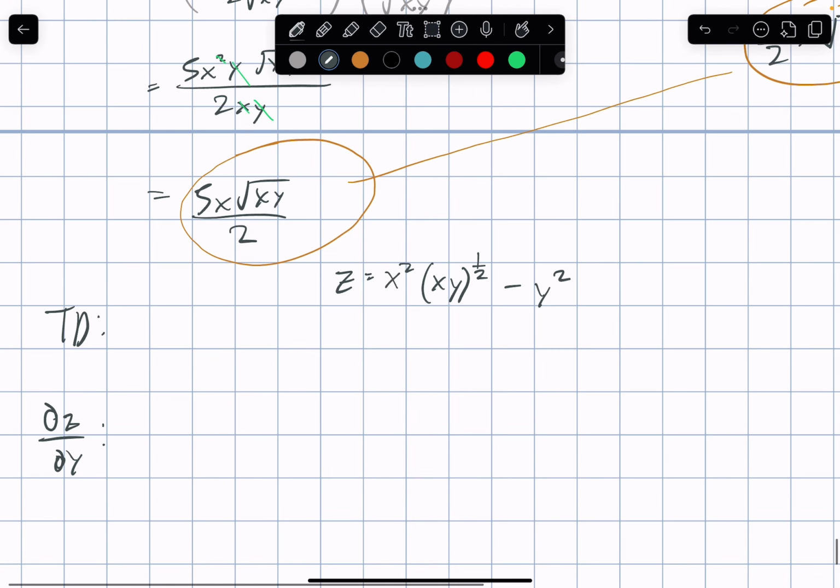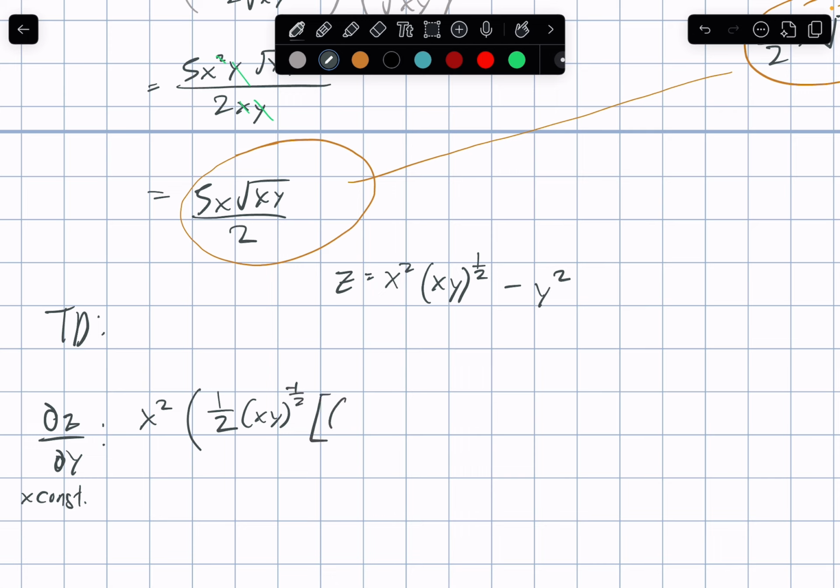So we're going to render x as a constant. Power rule. So 1/2 times xy raised to negative 1/2 times 0 times y plus x times 1 minus 2y.